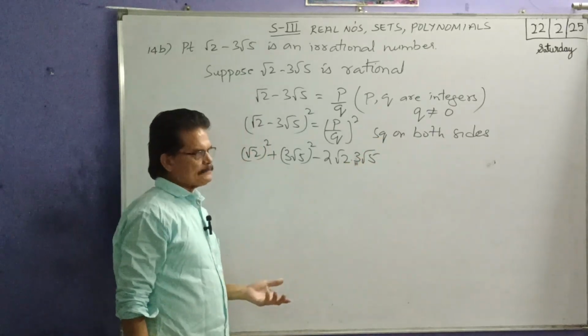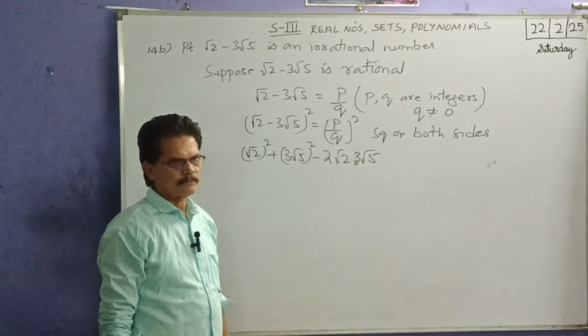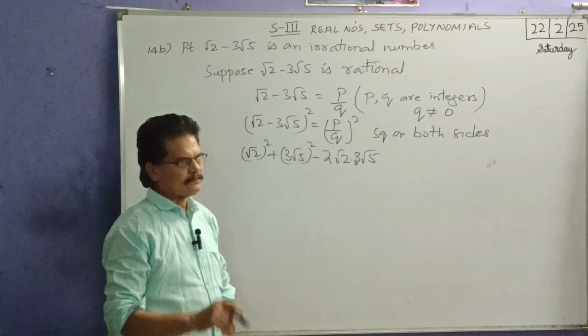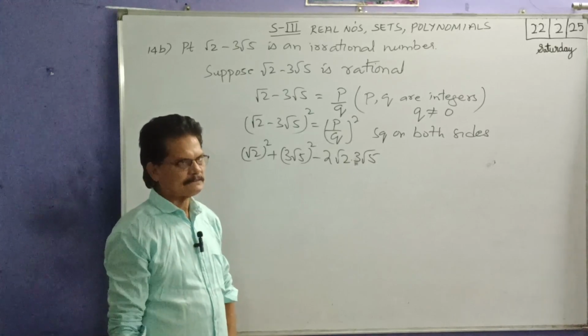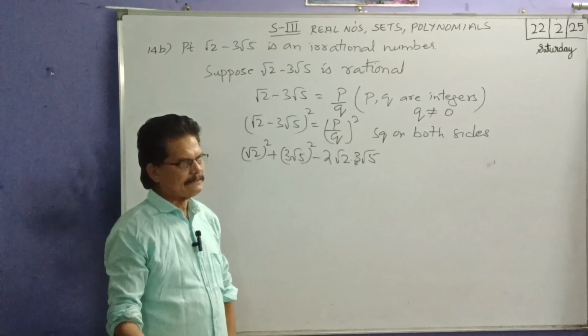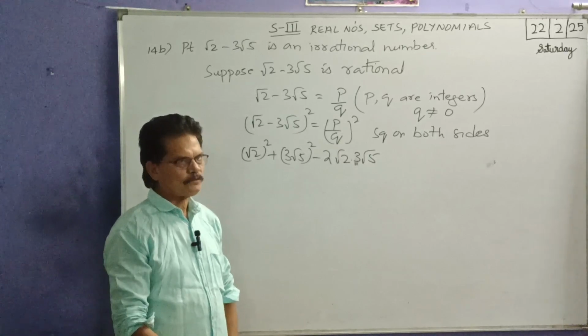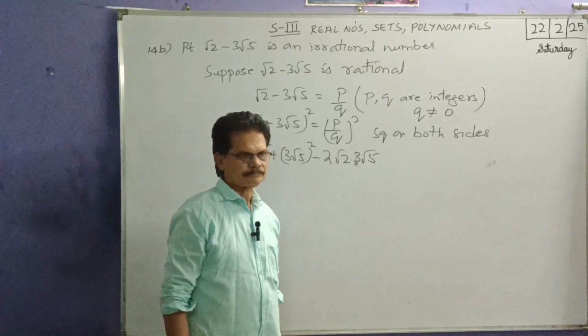If you don't know a minus b whole square at this junction of your life, it is very ironical. Right from 6th class you are studying algebra, 5th class, 6th class, 7th class, 8th, 9th. Now 10th is almost over. Today also you don't know a minus b whole square, it is very ironical.